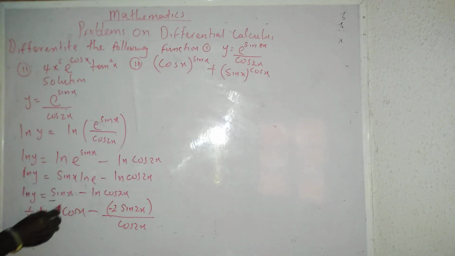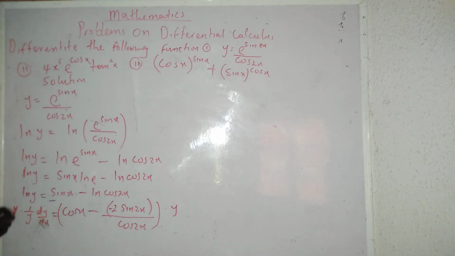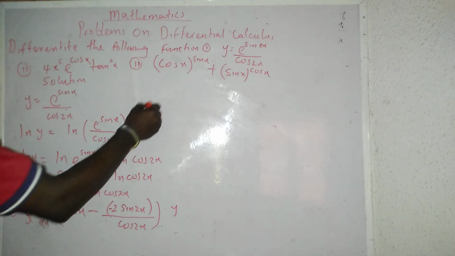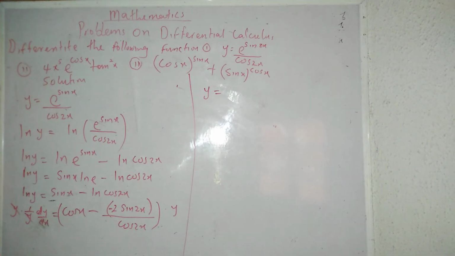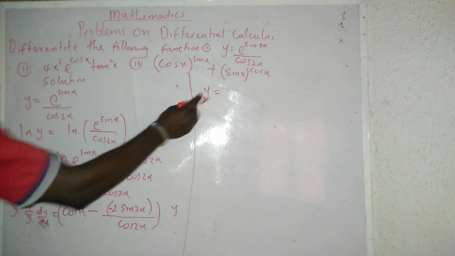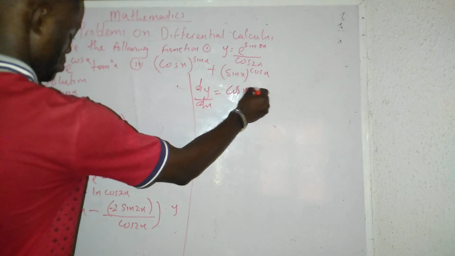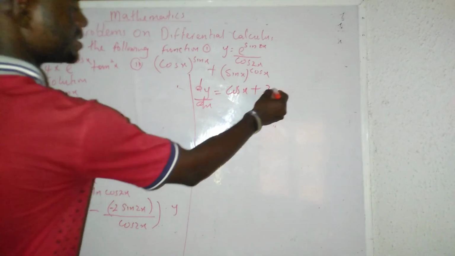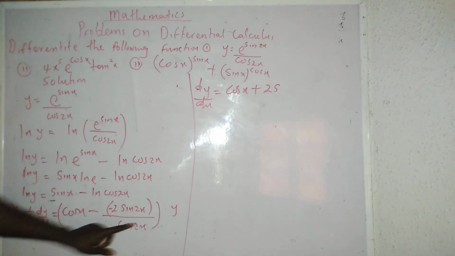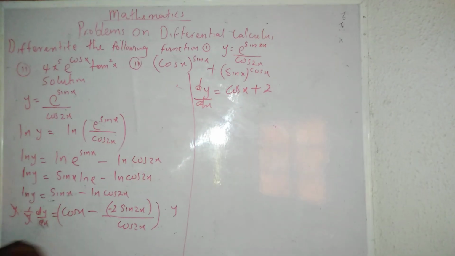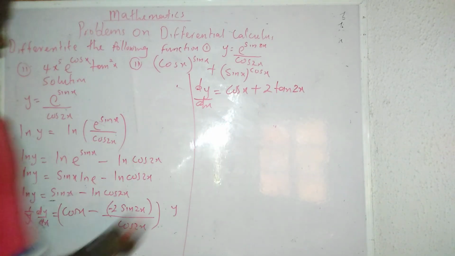Now, my final answer. I can cross multiply, multiplying both sides by y. This will cancel this, so dy dx equals cos x plus 2 sine 2x over cos 2x. Sine all over cos of the same argument gives tan 2x. Now, what is my y?